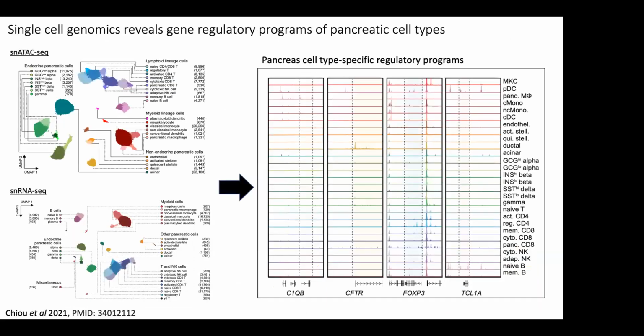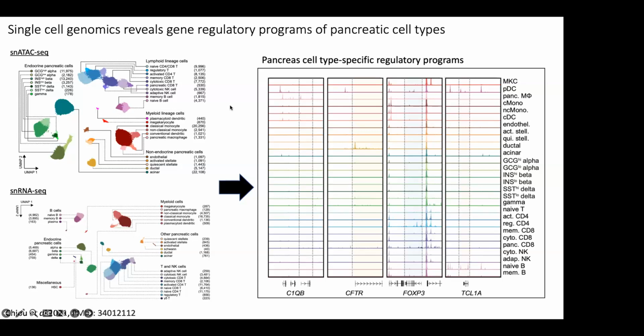So we've applied these techniques previously in several papers, one of which Todd mentioned, which was published a couple of years ago, where we profiled gene expression and accessible chromatin in individual cells in pancreas tissue as well as peripheral blood. I'm showing you here on the left the clustering of the ATAC-seq profiles, which has cell types in pancreas and other immune cell types in the peripheral blood, as well as matched RNA-seq profiles from the same cell types.